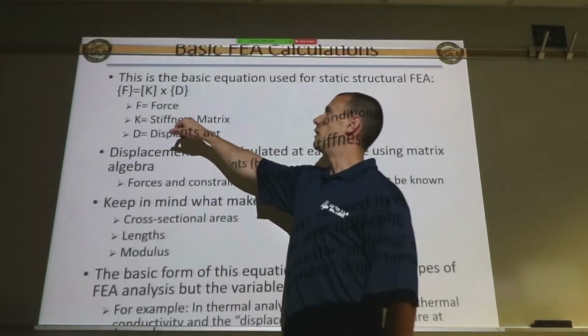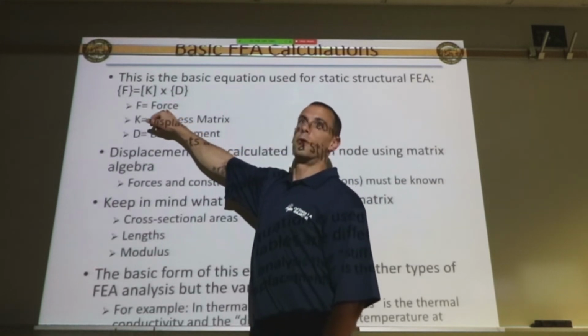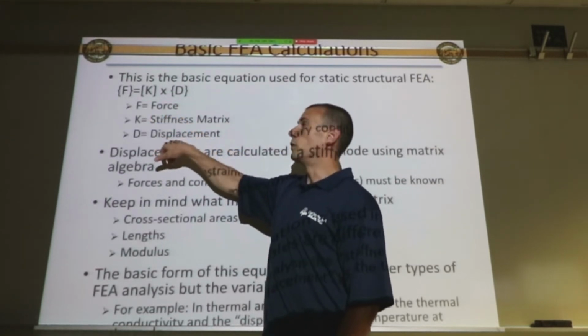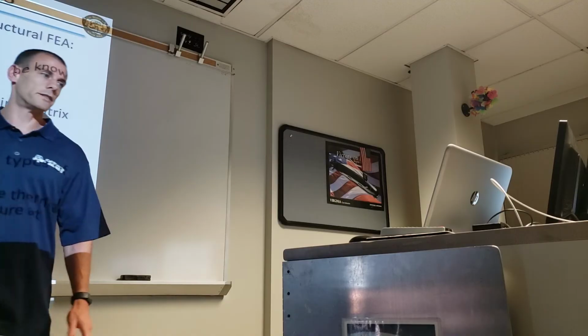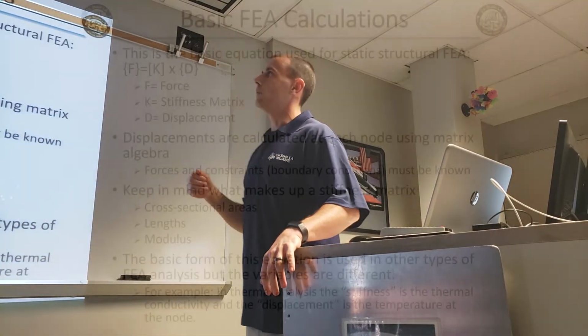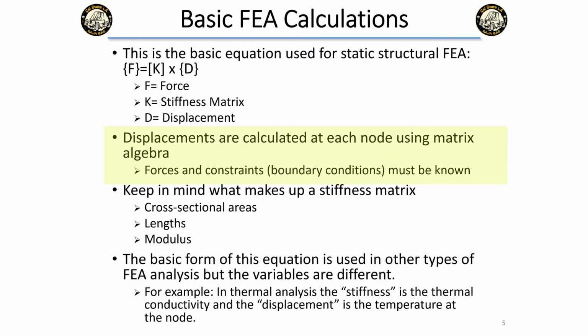Typically you know some of the forces, and then you know the displacements, right? Well, I'll get into that. Force is the stiffness matrix times the deflection. The displacements are calculated at each node, and you have to know certain forces and displacements. You have to have certain knowns.